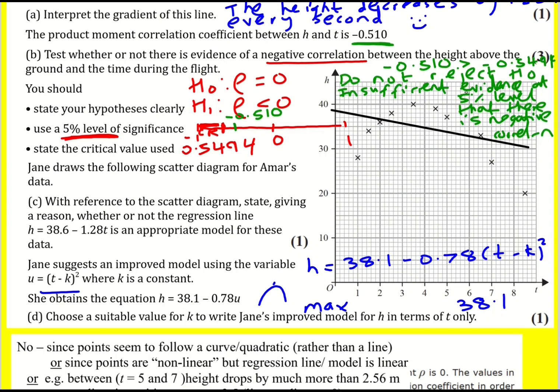So we just have a look at the graph. It looks like it hits its maximum around about 4. So that means that k is going to equal 4. As long as you give a value of k between 3 and 4.5, that was the accepted region, and you'll be okay here. Well done.